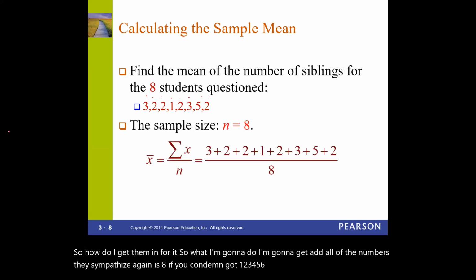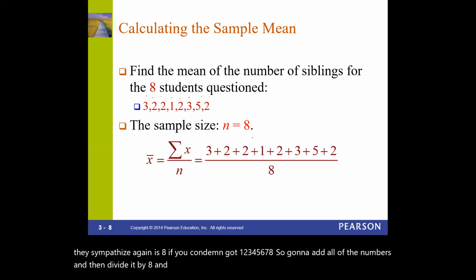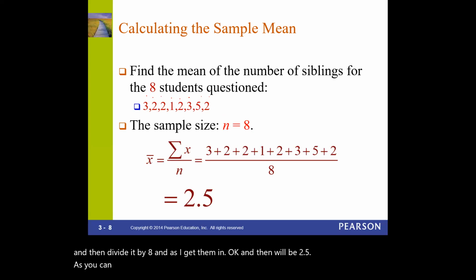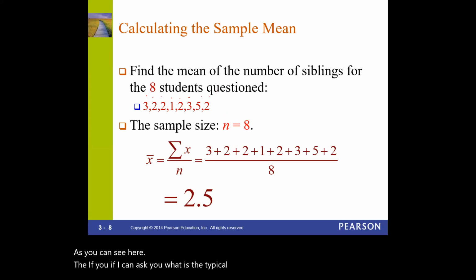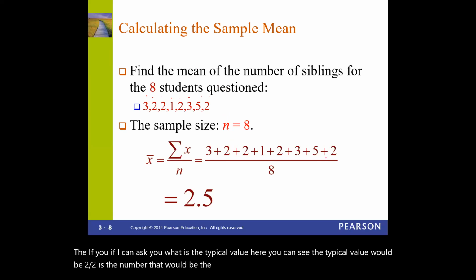So you add all of the numbers and then divide by 8. And that's how I get the mean. The mean will be 2.5. If I ask you what the typical value is here, the typical value will be 2. 2 is the number that repeats the most.